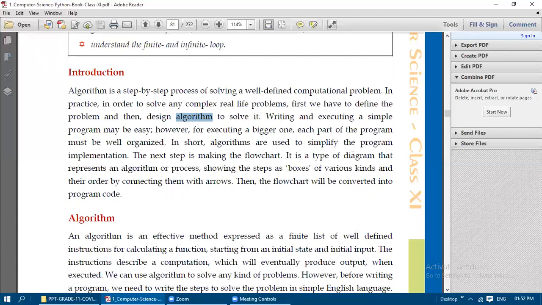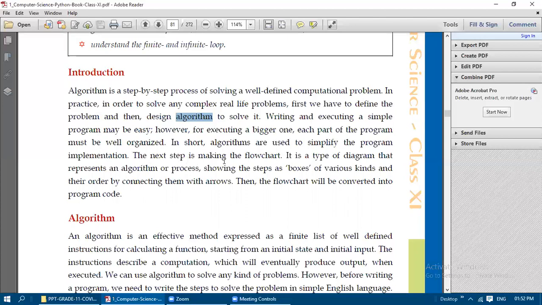Program implementation tasks will be simplified, so it will be easier for a person writing a program. He can write the code easily after he writes the algorithm.